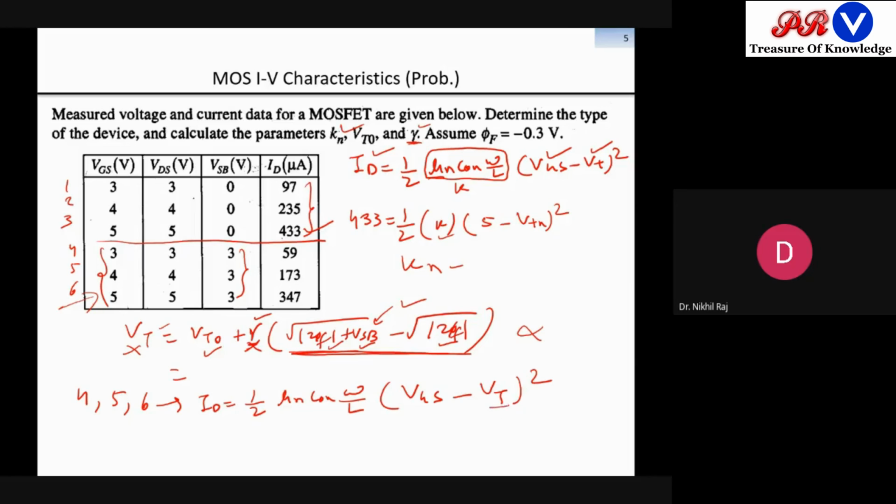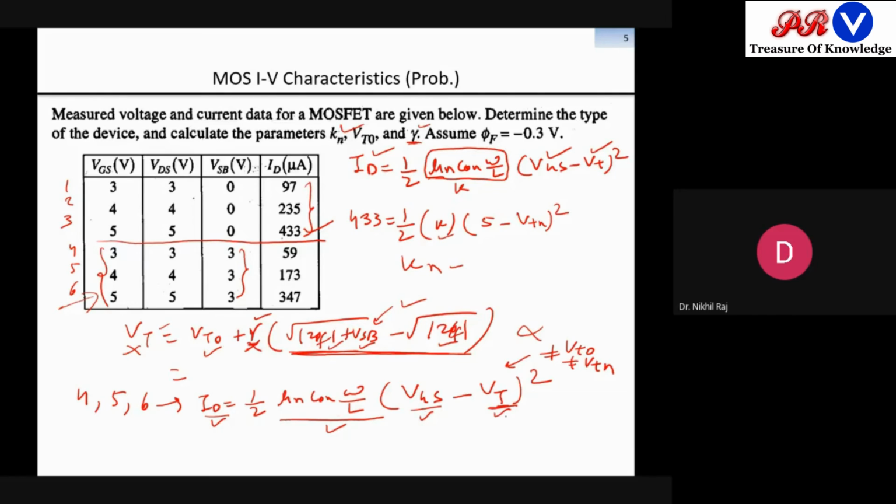This VT will not be equal to Vt0 or to the Vt we have calculated. Why? Because the VSB effect is shown here and all are getting the same VSB effect. So from here, this value is known to us. ID is given in the question. VGS is given, so we can calculate what is VT.